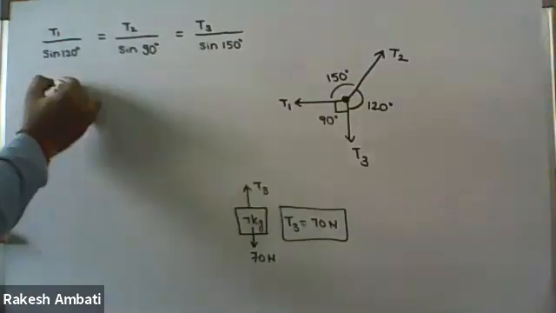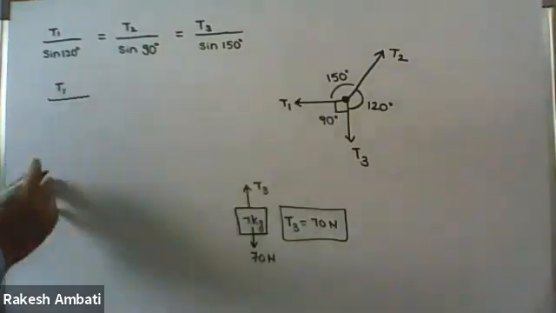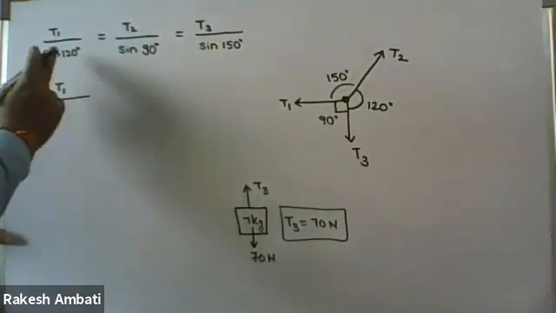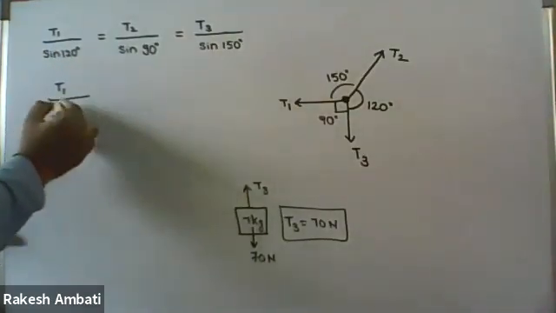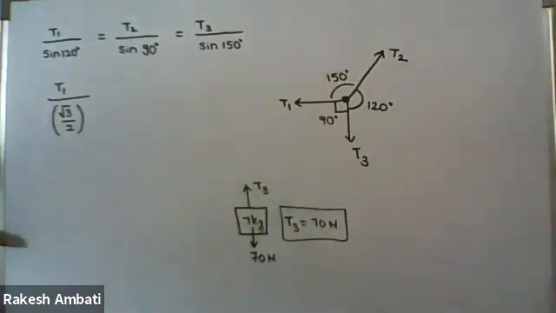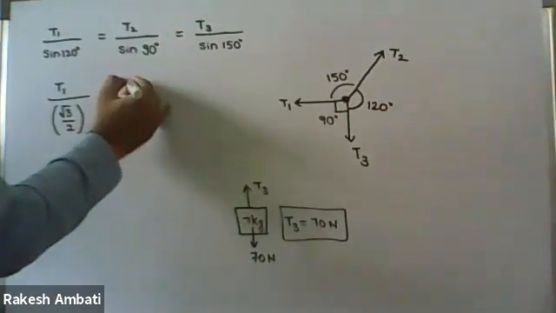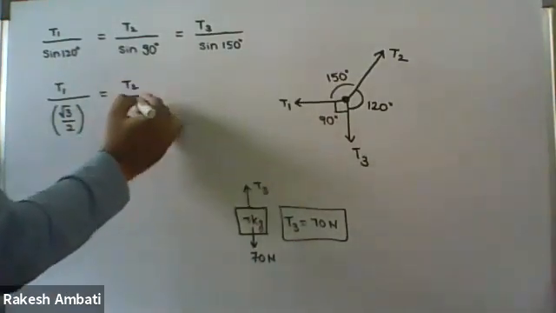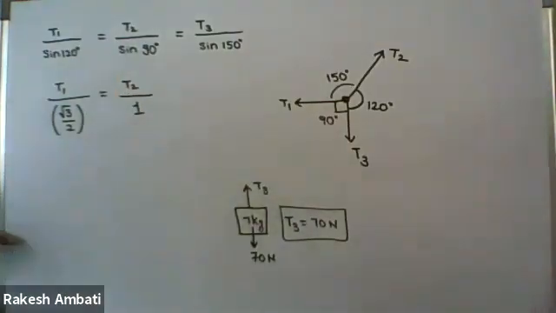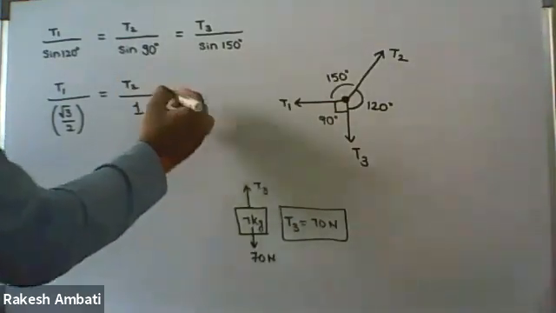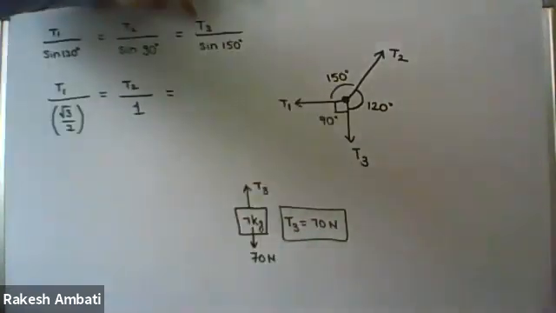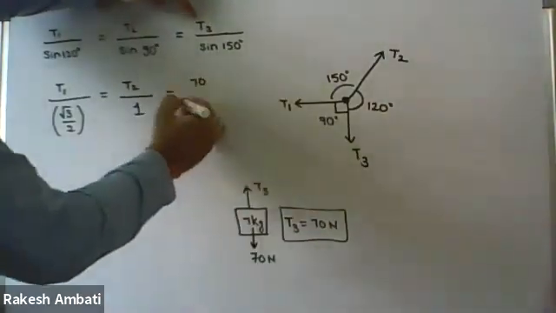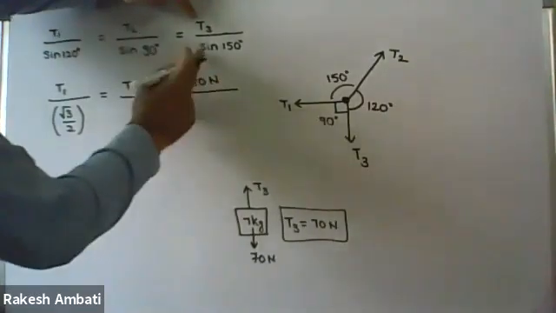Let us simplify it. T1 upon sine 120 degrees, sine 120 is root 3 by 2, equals T2 upon sine 90 degrees, which is 1, equals T3. Already we have the T3 value, 70 newtons. So in place of T3, I'm writing 70 newtons upon sine 150.